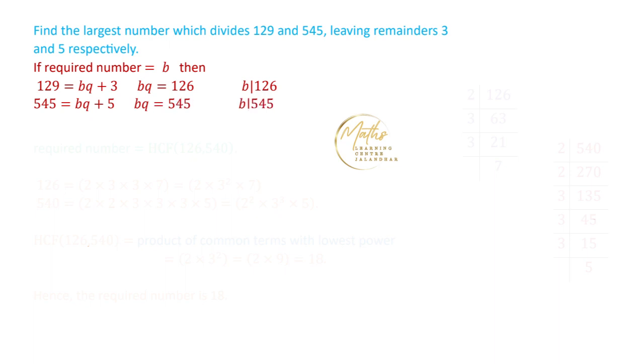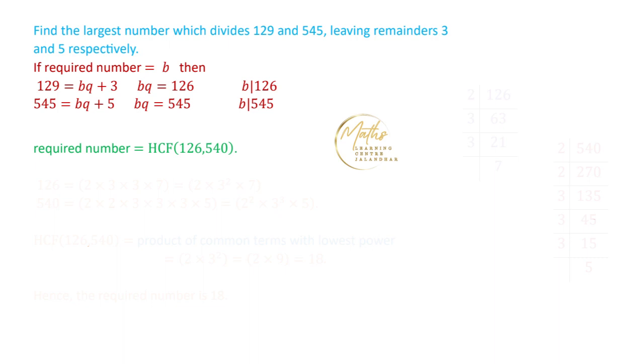It means b divides 540. Now we are interested in calculating the largest number which divides both 126 and 540. It means that we are interested in calculating the HCF of these two numbers.